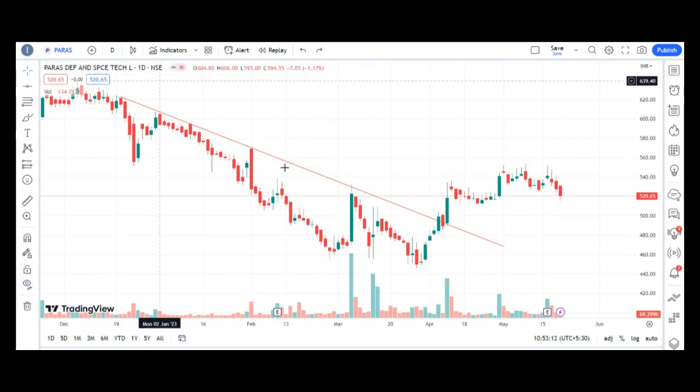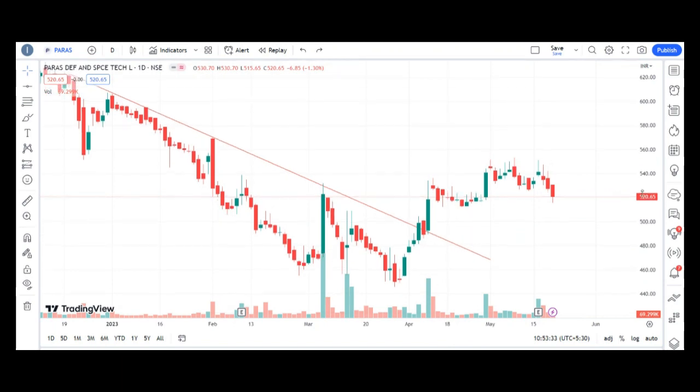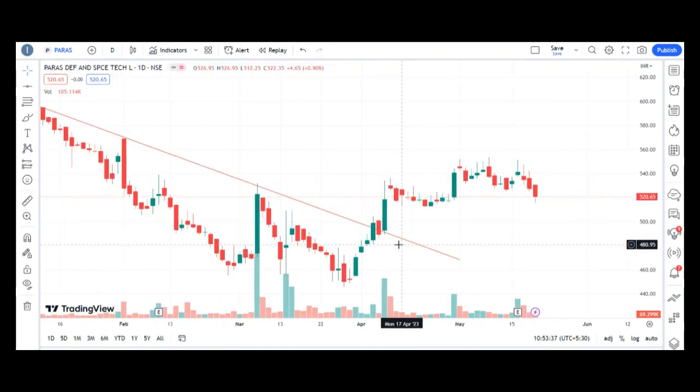So in this Paras Defense, if you look, we got that initial volatility spike, the liquidity spike that interested many sellers here, and we can also see a candle showing that selling is going to happen from here, but for us this is an inside bar.